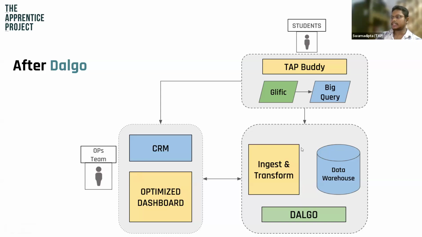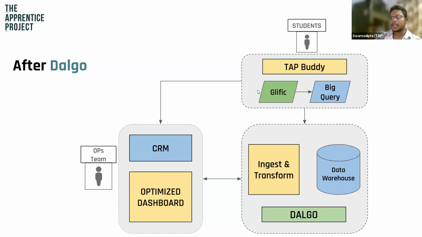What Dalgo does is it ingests the stored data, transforms it, and makes the data uniform, like we discussed: it uniforms the courses and the different versions of the same school name, and stores it in our data warehouse.